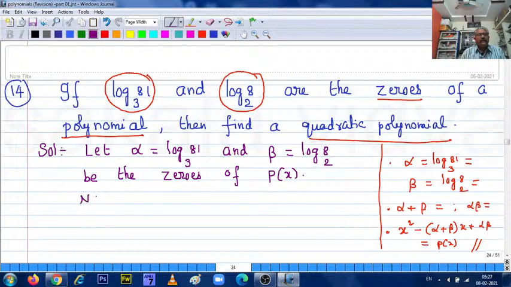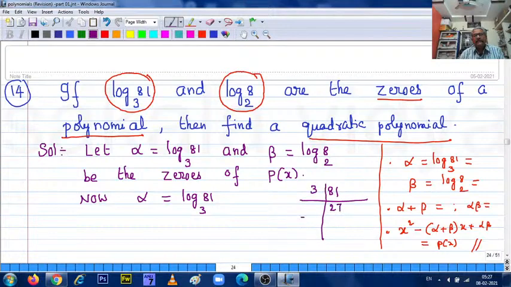So now alpha value we need to find out. Alpha is equal to log 81 to the base 3. So my dear students, see the 81 we can write like this: 3 times 27, 3 times 9, 3 times 3. So that means 81 can be written as a product of the primes, 3 to the power of 4.